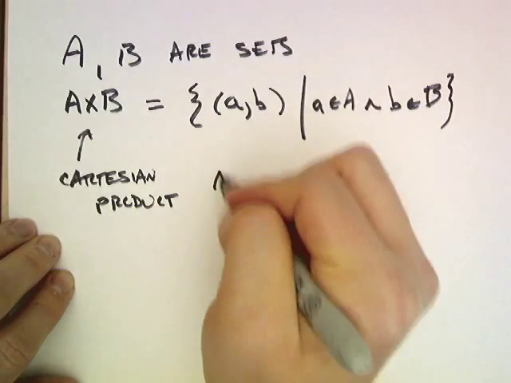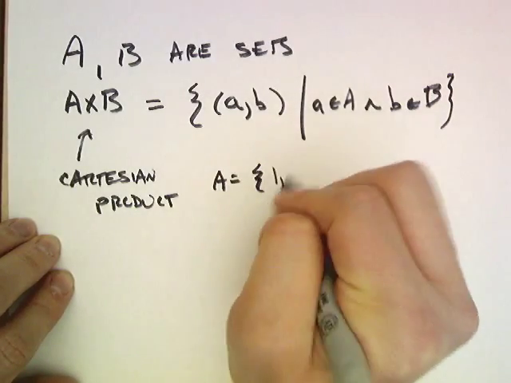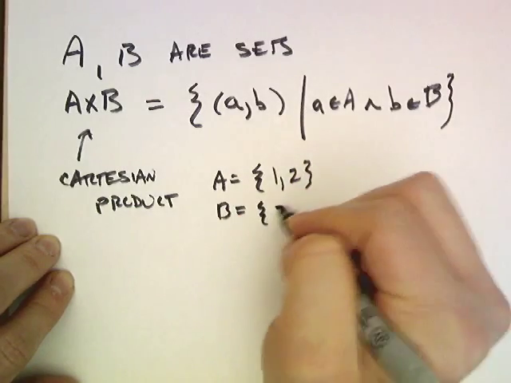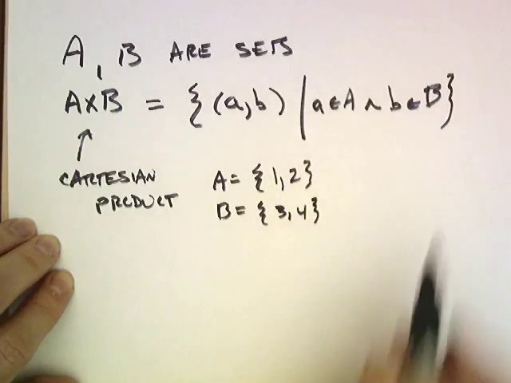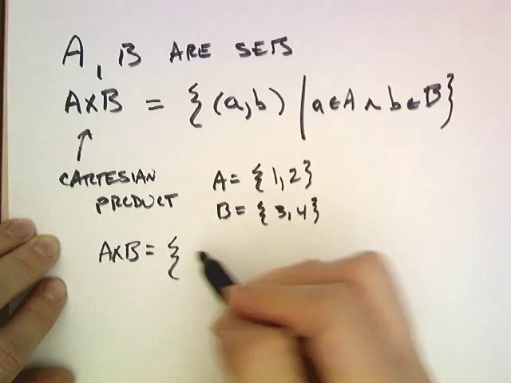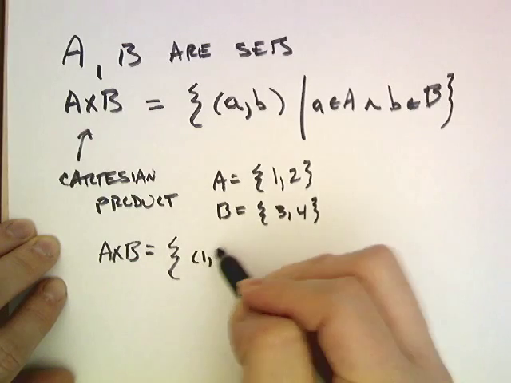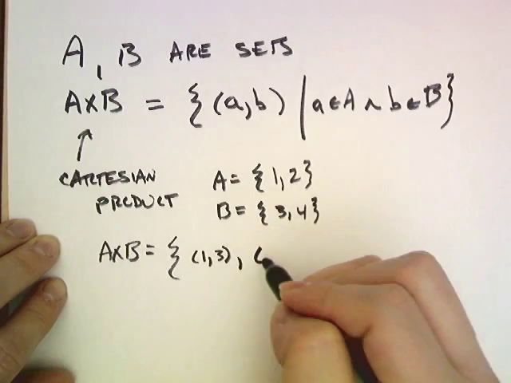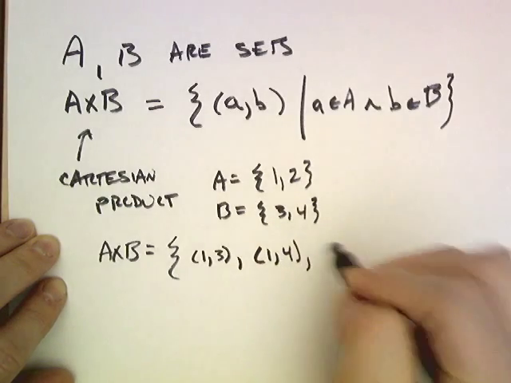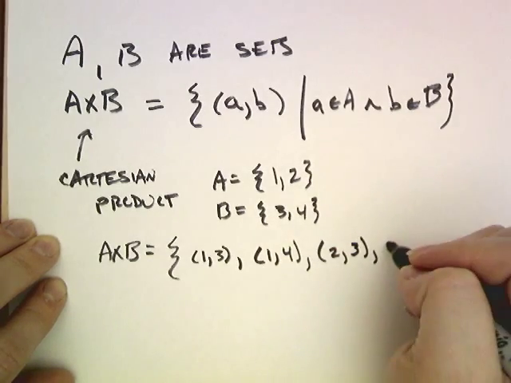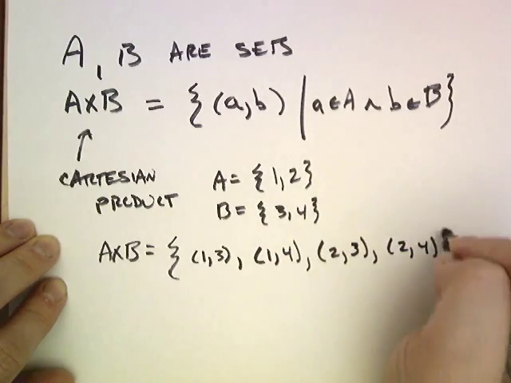So for example, if A is the set {1, 2}, and B is the set {3, 4}, then A cross B is going to be, well, (1, 3), (1, 4), (2, 3), and (2, 4).